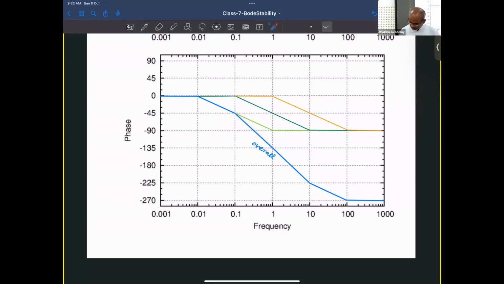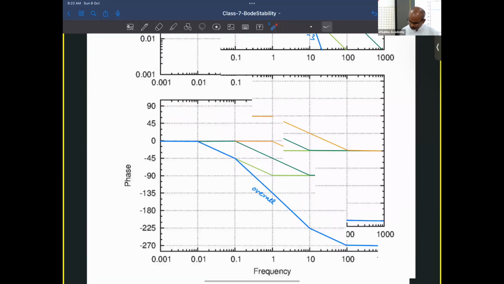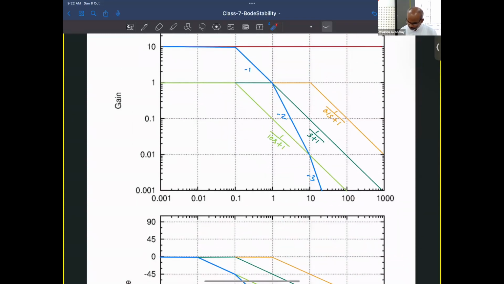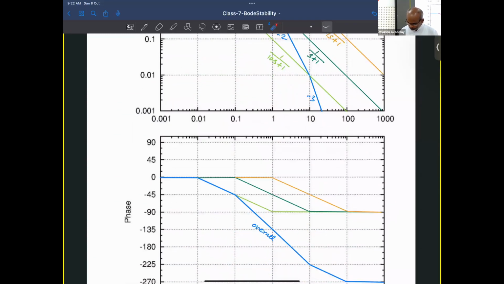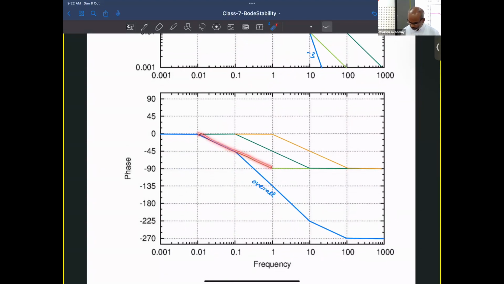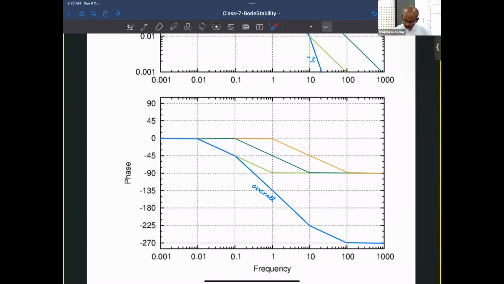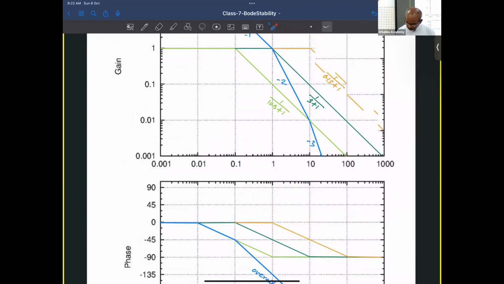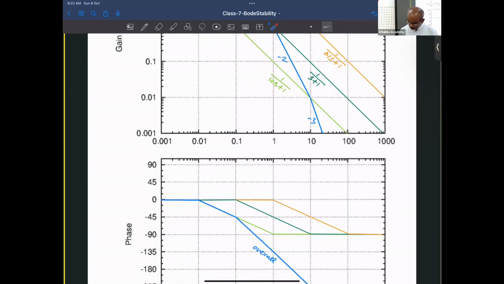This first line corresponds to the first system, which is 1 by 10s plus 1. It has this phase plot, with the corner frequency 1 by 10, that is 0.1. At this point, it makes a straight line of slope 1. So this green line is for 1 by 10s plus 1, and the next darker green line is for 1 by s plus 1.